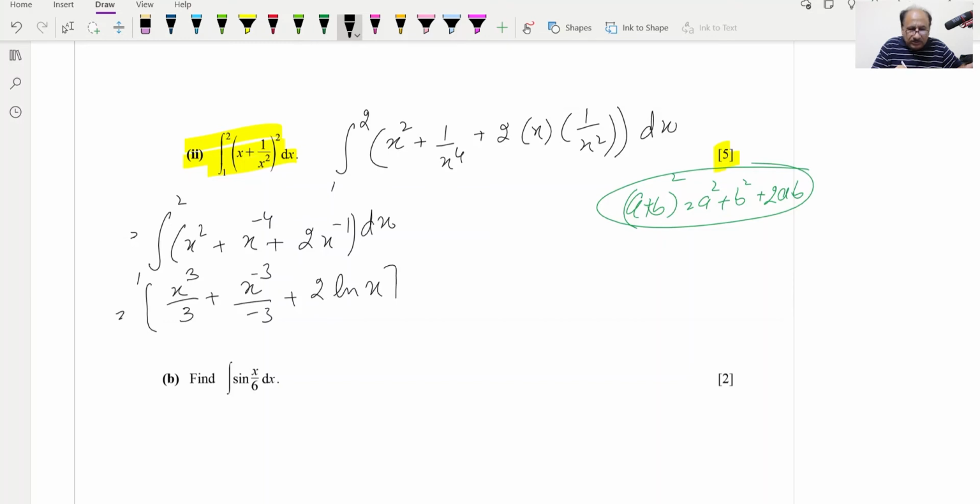So log x, natural log, with 1 to 2 as the limits, and we will always replace the upper limit first. So it will be 2 cubed, which is 8 over 3, plus 1, and when we replace 2 it will be 8, so basically minus 1 over 24, and plus 2 log 2.